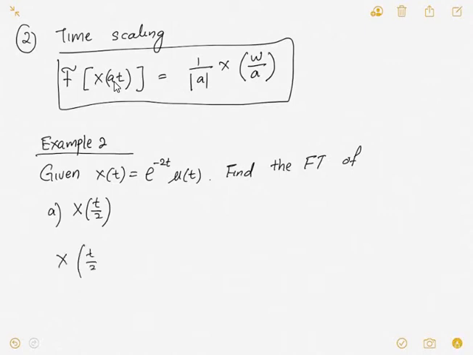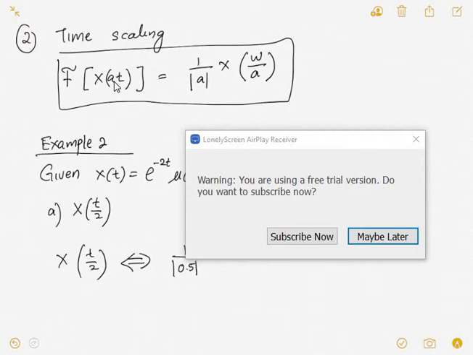So now we do x(t over 2), which is equivalent to 1 over, the a is 0.5 modulus, and then X(omega). You know that the X(omega) is the Fourier transform of x(t), right? And the X(omega) from the previous question is 1 over 2 plus j omega.